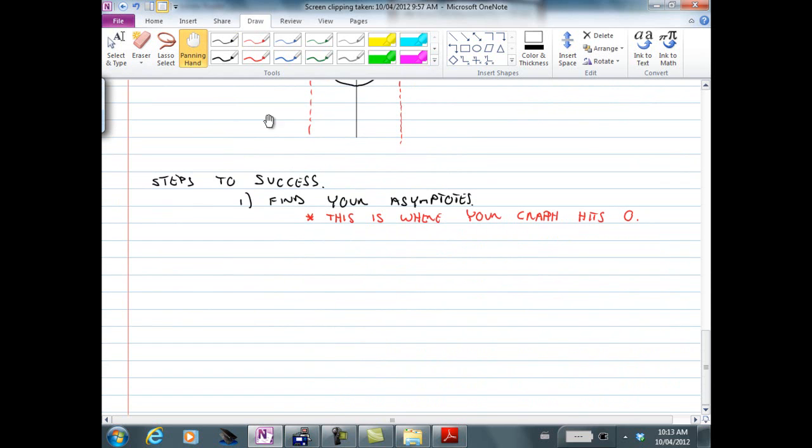Step 2. This is going to be a bit tricky. Choose the highest and lowest point for each piece.